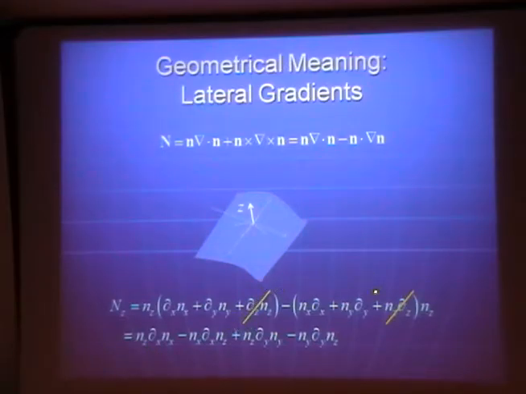And these terms just cancel each other between these two. What is really important here is to note that the gradient in the direction normal to the surface disappears, they cancel each other, and we are left with only the lateral gradient. So saddle splay involves only lateral gradient.